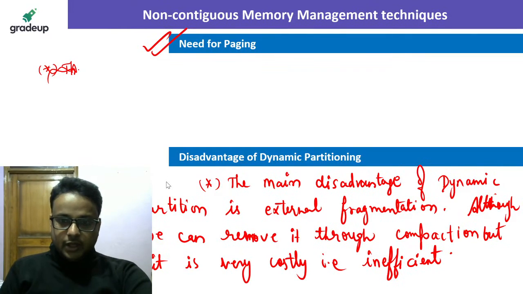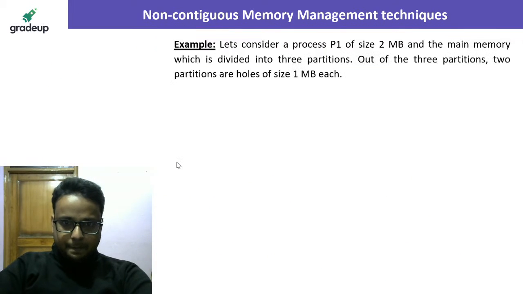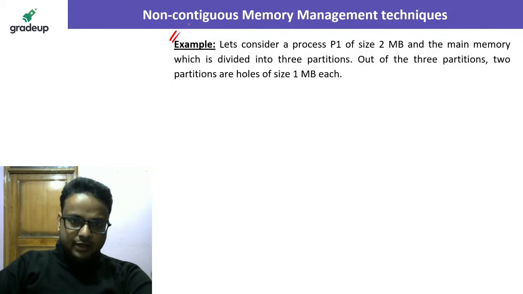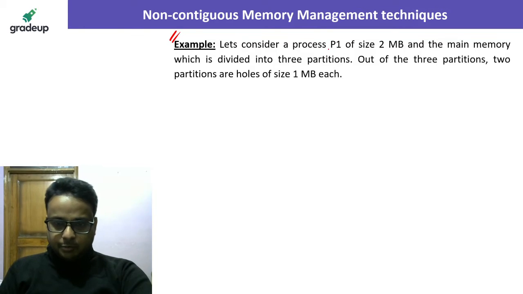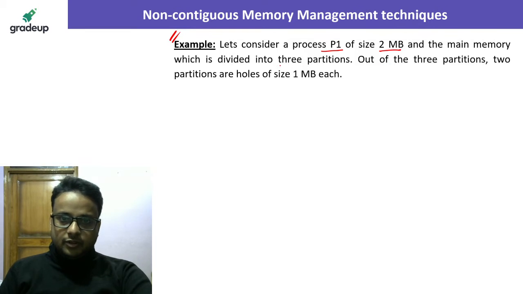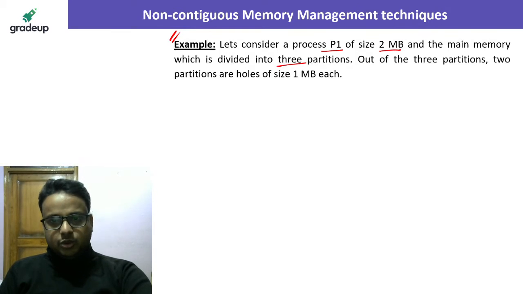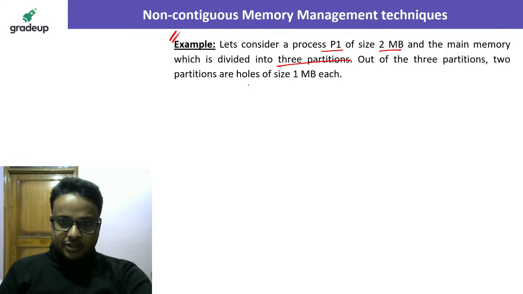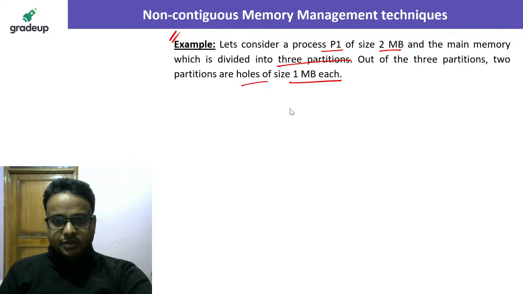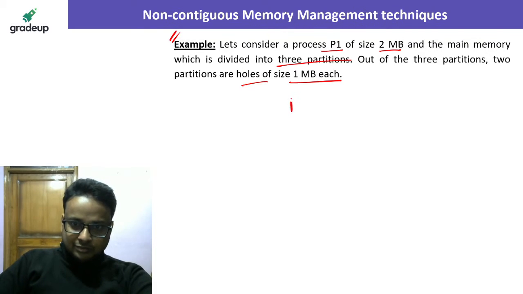Now if you see the example I have taken, suppose we have process P1 and the P1 size is 2 MB, and main memory is divided into 3 partitions, and 2 partitions are holes of size 1 MB each. Hole means basically free space. So P1 needs 2 MB.